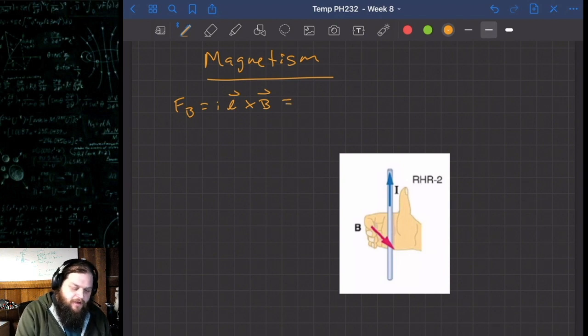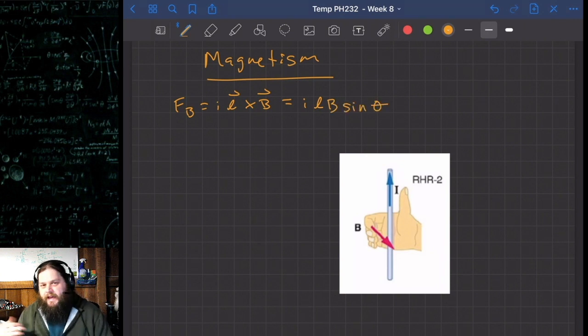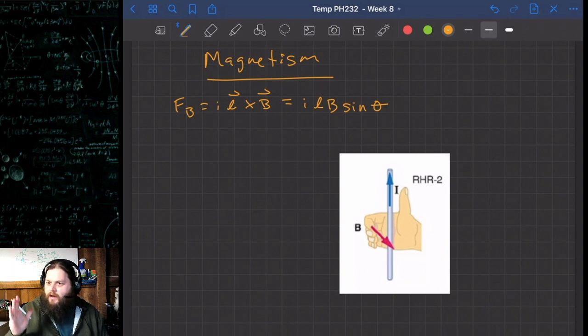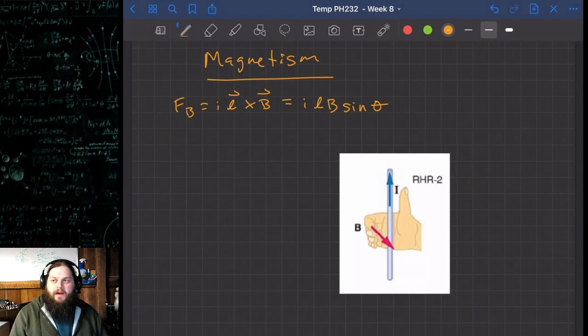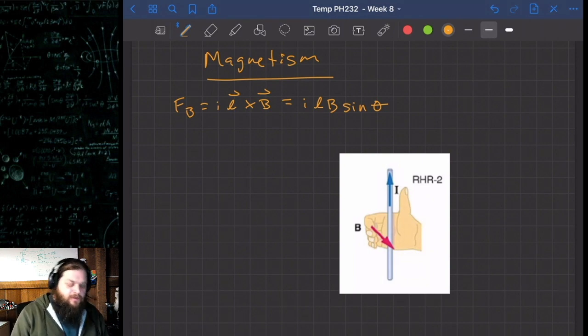We can simplify that to be I L B sine theta, where theta is the angle between the length of the wire in the direction of the current and the magnetic field. So if those two are perpendicular to each other, sine theta is going to be at its maximum, which is 1, because sine of 90 degrees is 1, and therefore the force applied on the other current carrying wire would also be at its maximum as well.